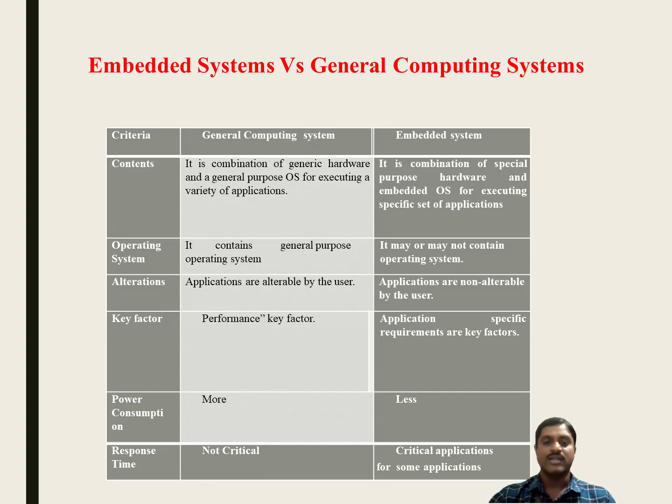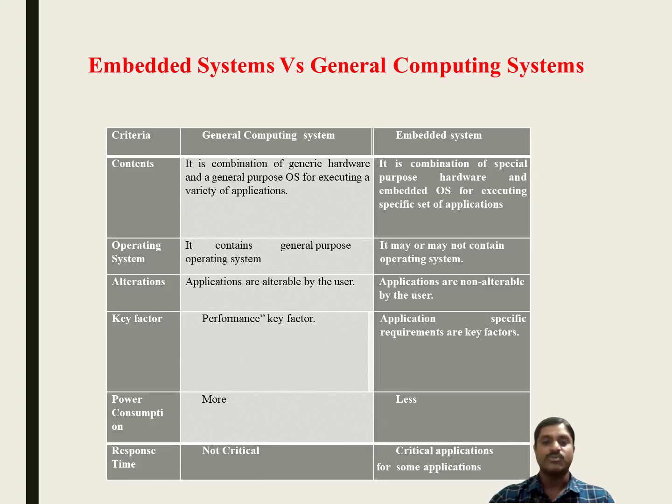Whereas in a general computing system, the applications are alterable by the user, in an embedded system, the firmware is pre-programmed and it is not alterable by the end user. The performance is the main key factor in the general computing system, whereas application specific requirements are the main key factor in the embedded system.